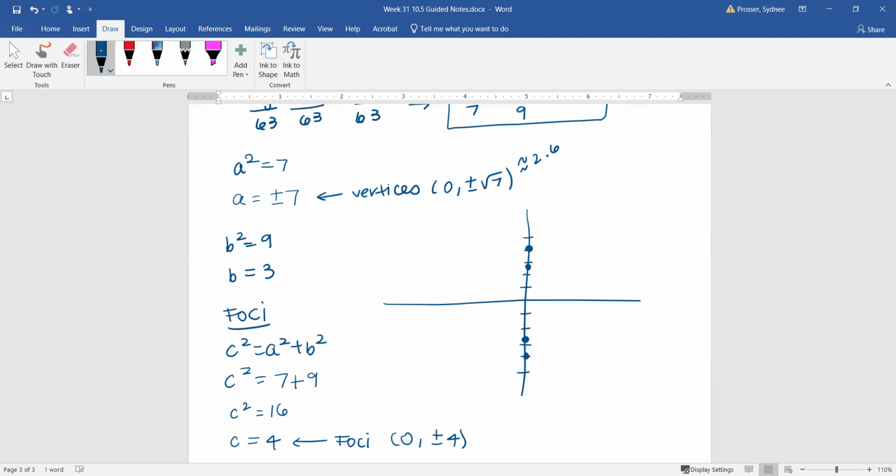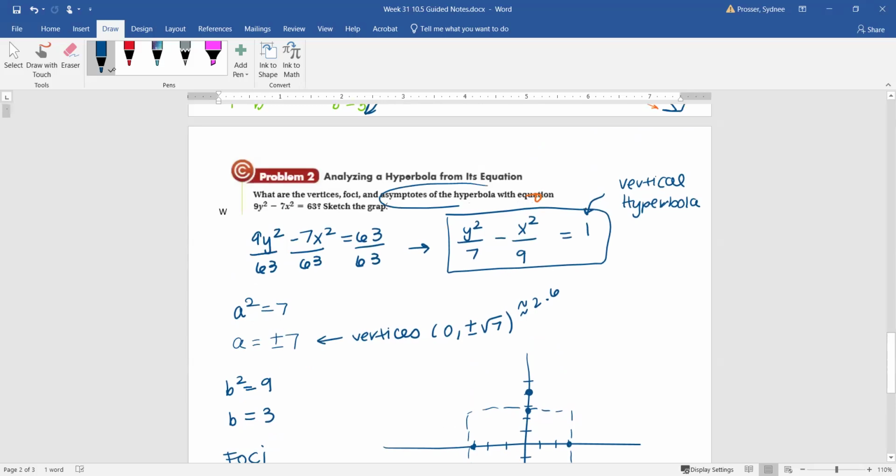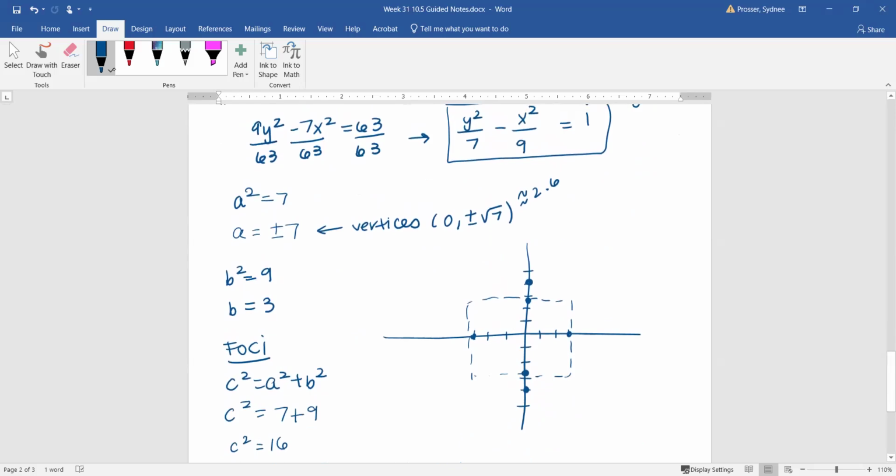And now we're going to plot our b value, 1, 2, 3, which is going to help us draw this box. Which is then going to help us draw the diagonal lines, which are the asymptotes of the hyperbola. I want to write the equation of these asymptotes after I draw them.